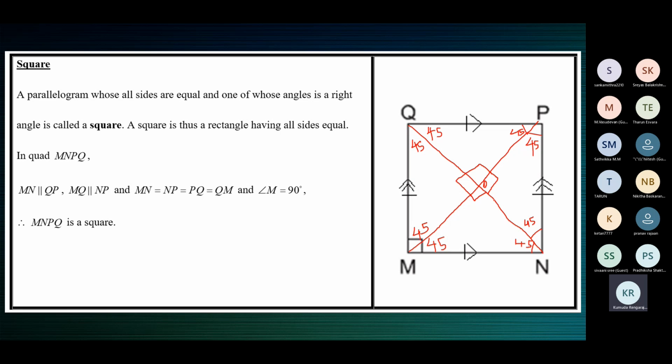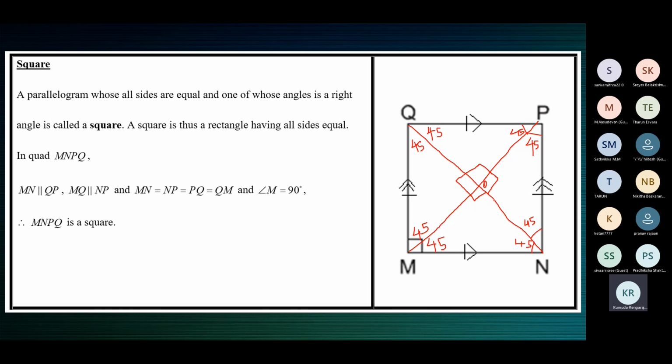Because the diagonals bisect the corner angles, we have 90 divided by 2, 45, 45 everywhere. In every triangle, MON, NOP, POQ, MOQ, all are right triangles.